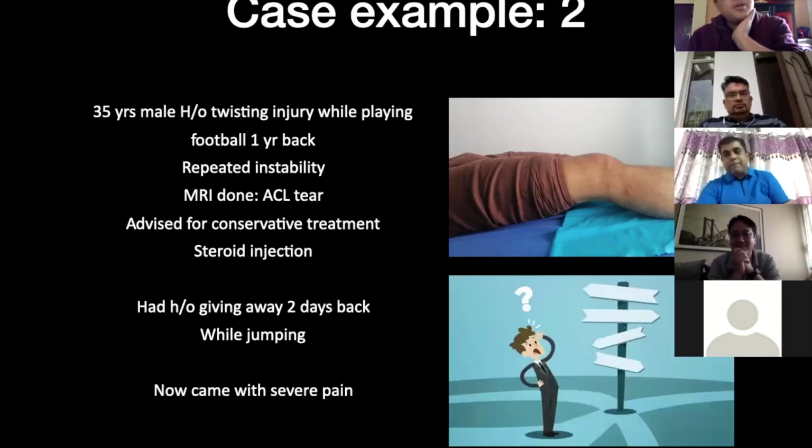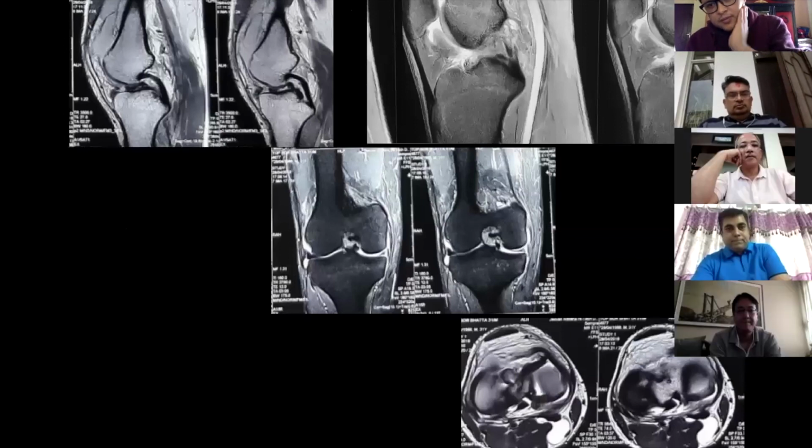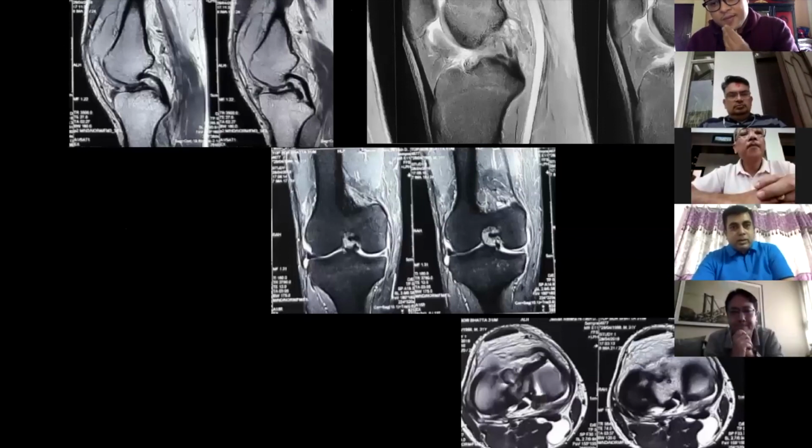So how would you approach this condition, sir? Now I have to again diagnose whether the clinical diagnosis I have made is right or not. So I have to go ahead with, of course, X-ray and MRI, and then these are the MRIs. Okay, what next?